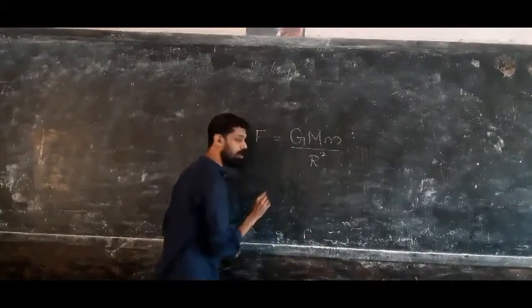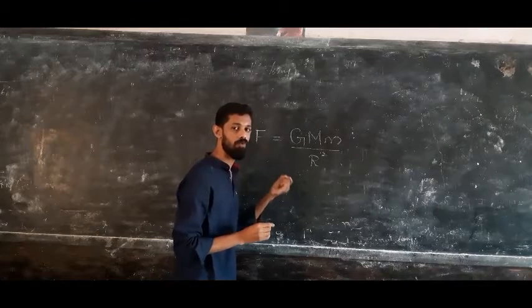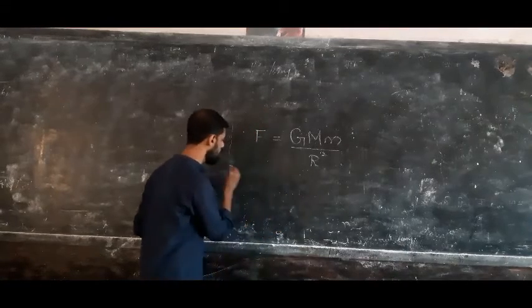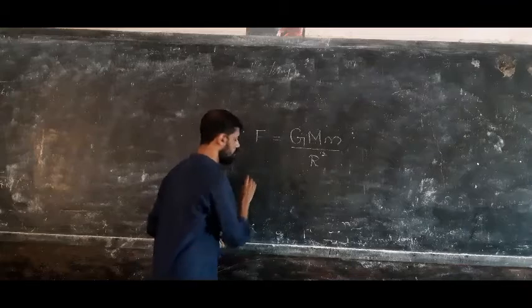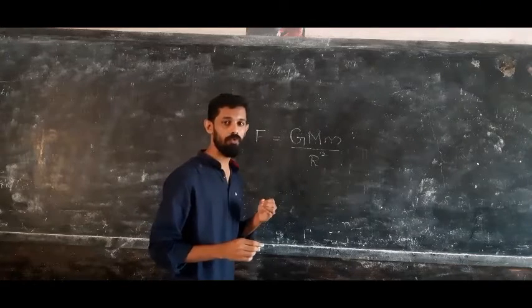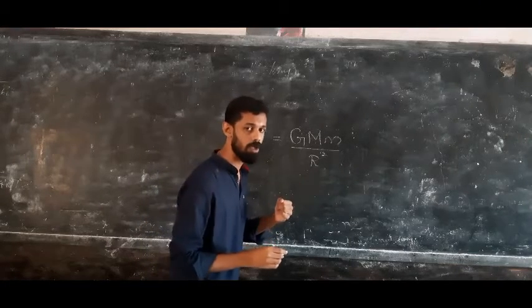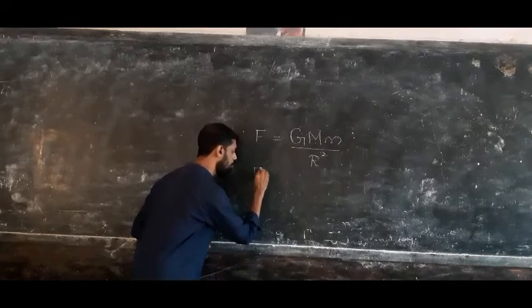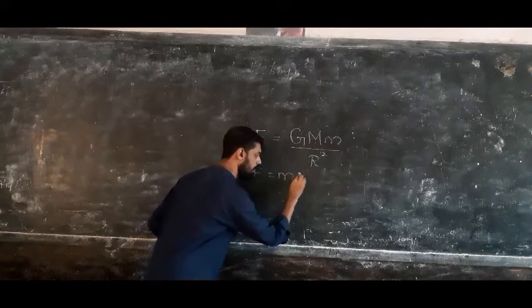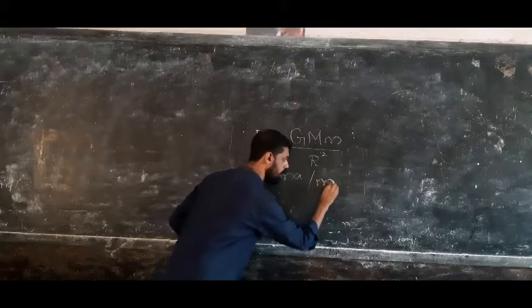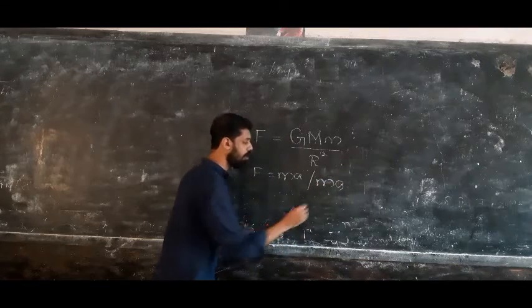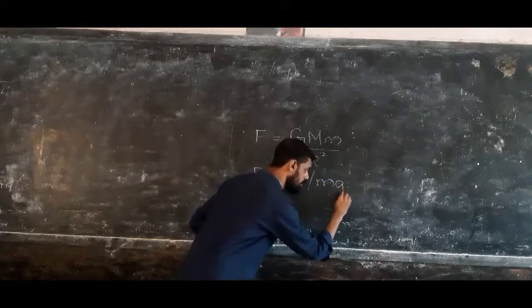Now we are going to derive the value of acceleration due to gravity, that is small letter g. According to Newton's second law of motion, what is the equation? F equal to ma, or mg, where a is acceleration due to gravity.